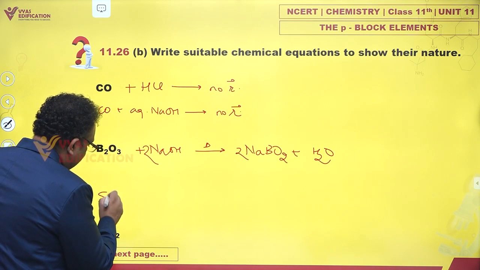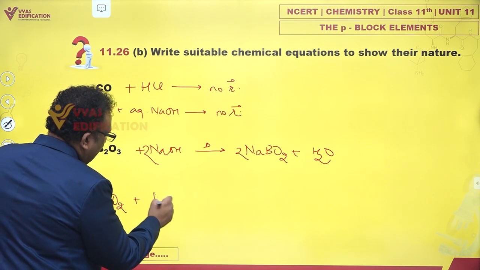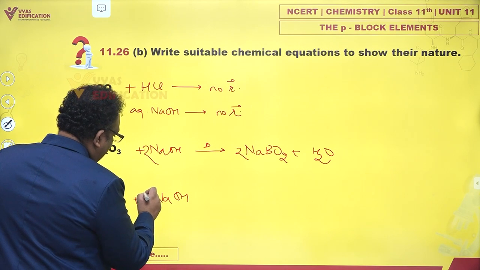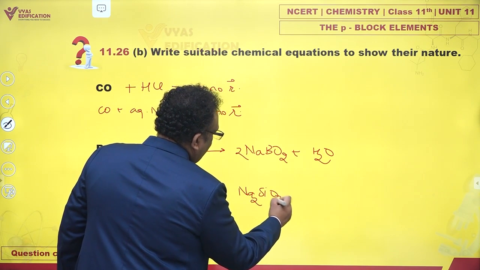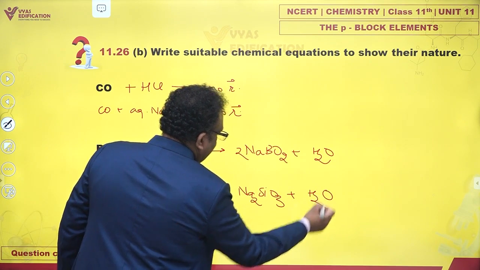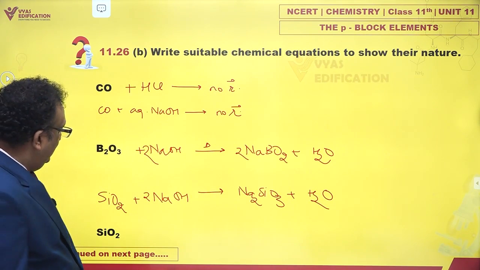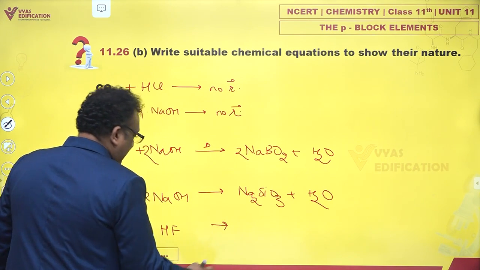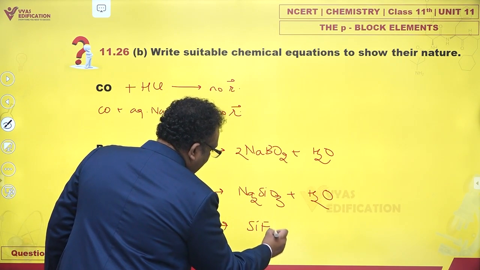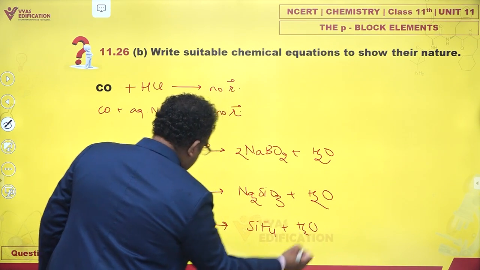If you take silica, silica plus NaOH in a very similar fashion can give you Na2SiO3 plus H2O. At the same time, silica plus HF can give you SiF4 plus H2O.